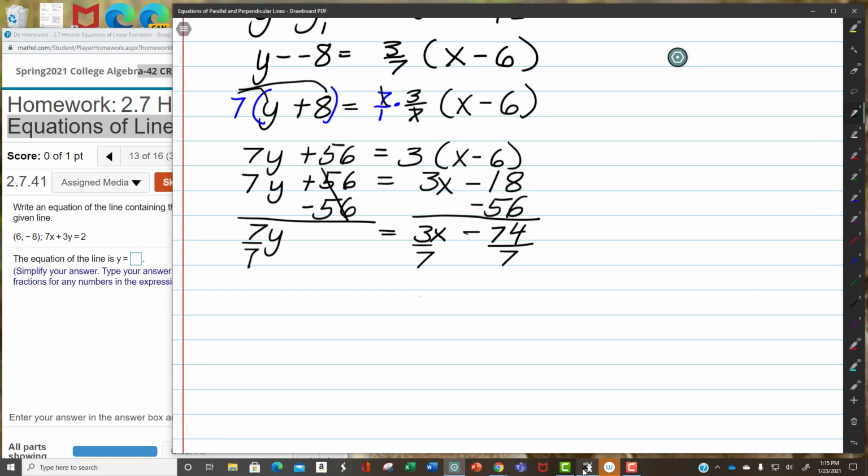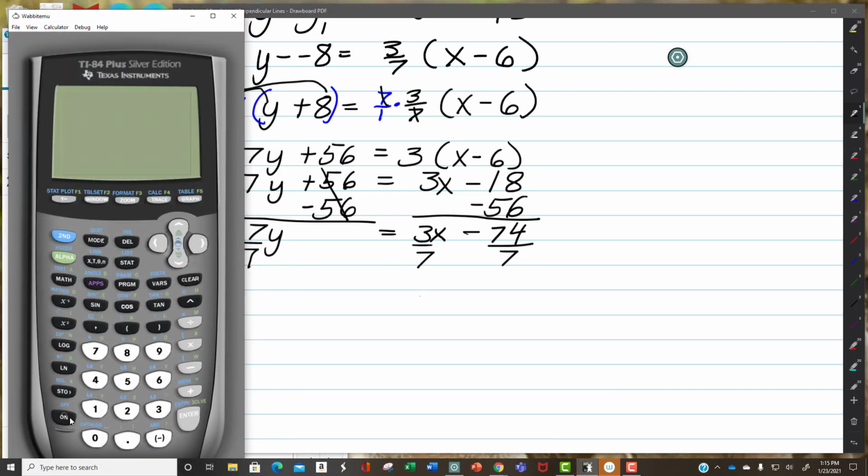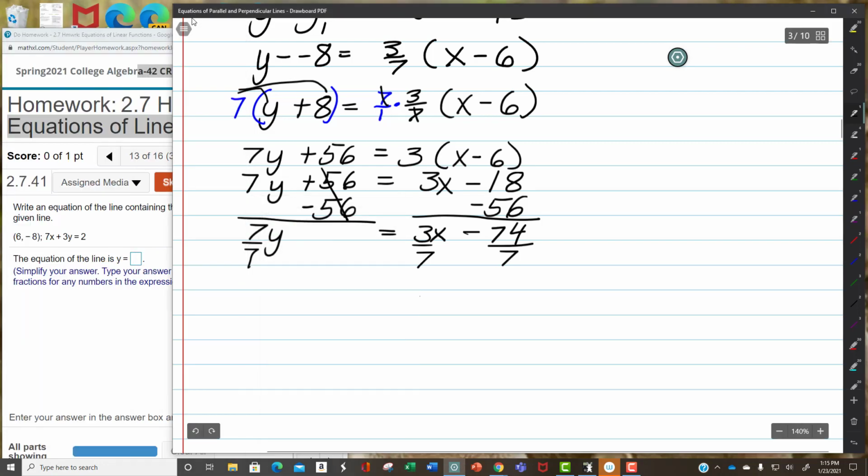And I'm going to check out what 74 over 7 is. I might even put the sign on it. Negative 74 divided by 7. Nope. Okay. So our equation should be y equals 3/7 x minus 74 over 7.